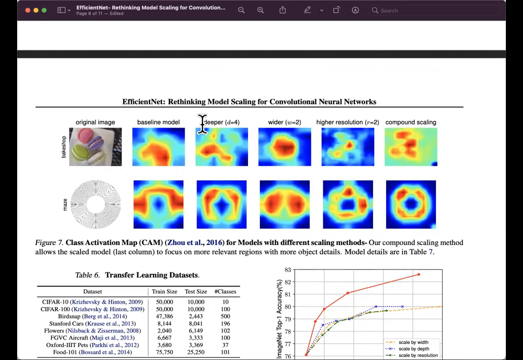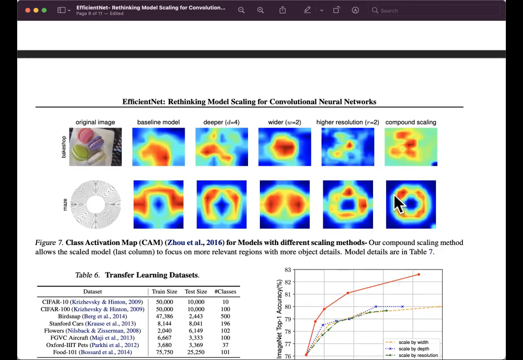So anyway, if we go deeper here, wider here, with compound scaling, the activation pixels match these objects.